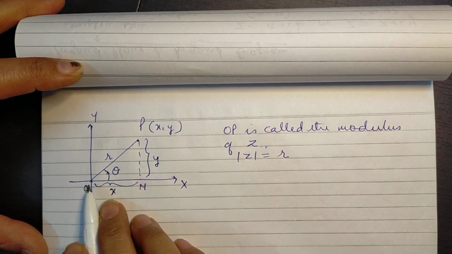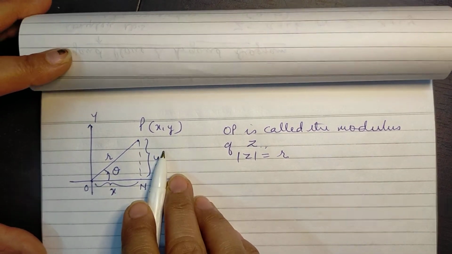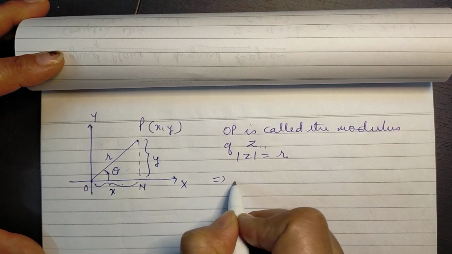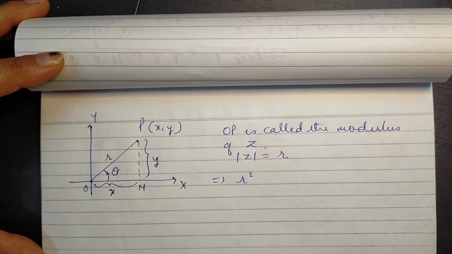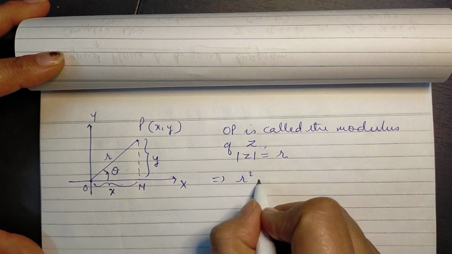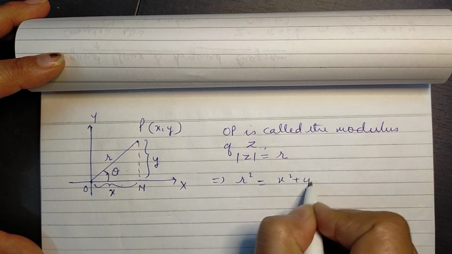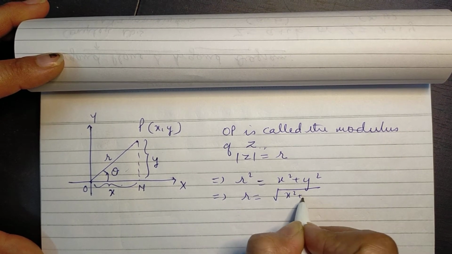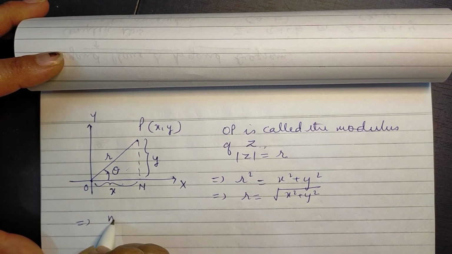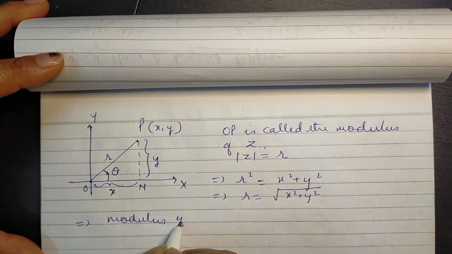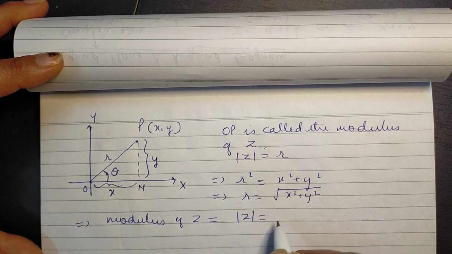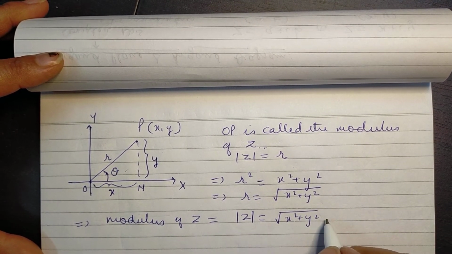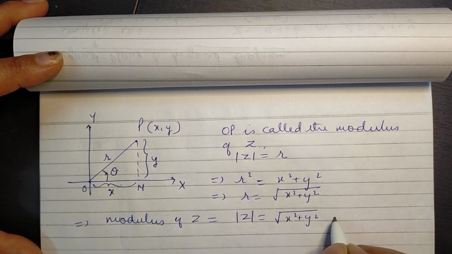It is the distance from the origin to the point P. Now from this figure we can get r squared equal to x squared plus y squared, which gives us r equal to the square root of x squared plus y squared. We get modulus of z equal to the square root of x squared plus y squared, which is also equal to r.